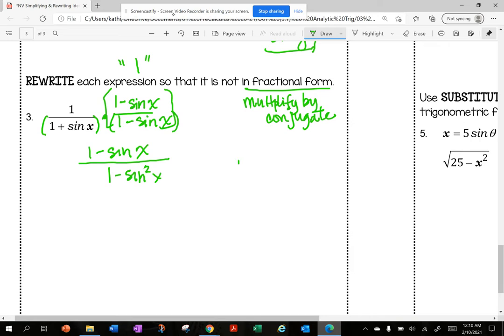I really need to recognize a squared minus b squared equals a plus b times a minus b, and recognize going this way and factoring.